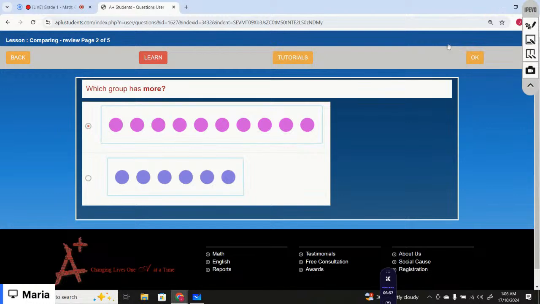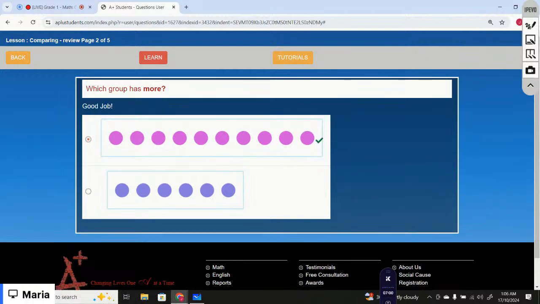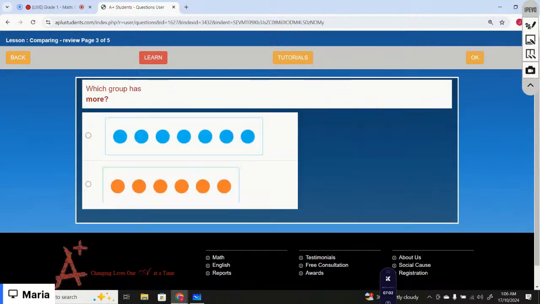The purple dots are more than blue dots. Very good. Which group has more, blue or orange? Blue dots are more than orange dots, right? Option number one is the correct option.